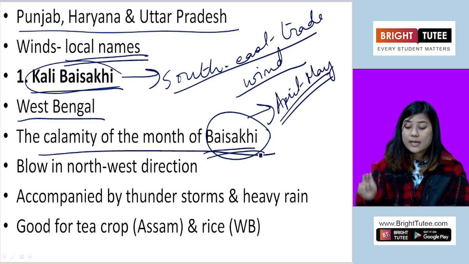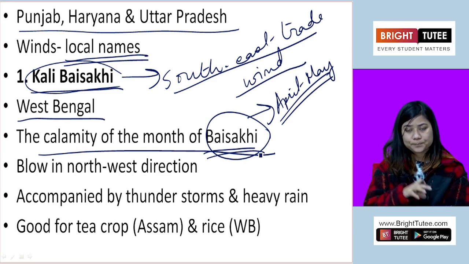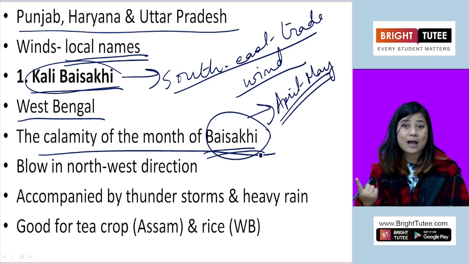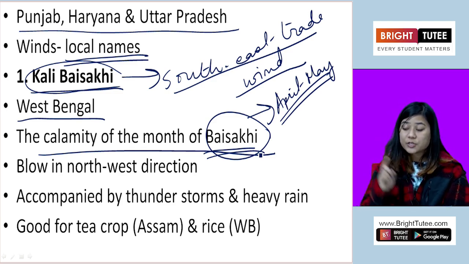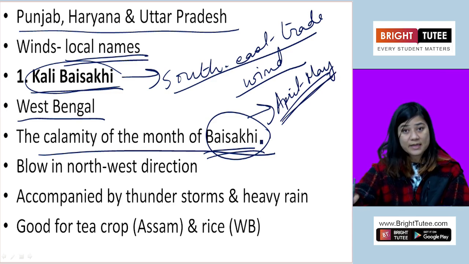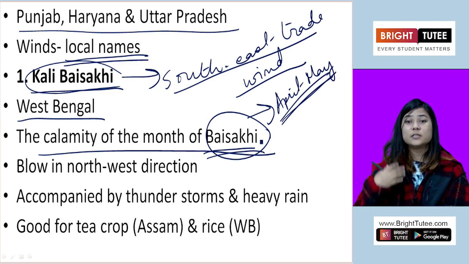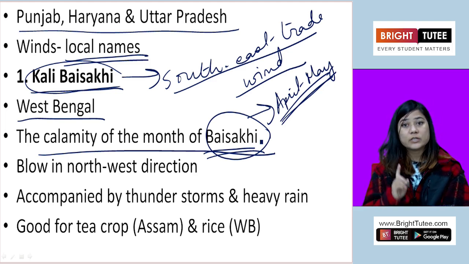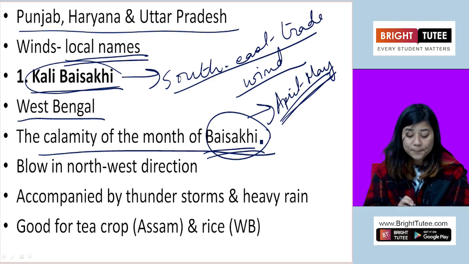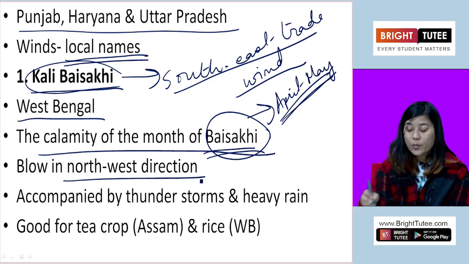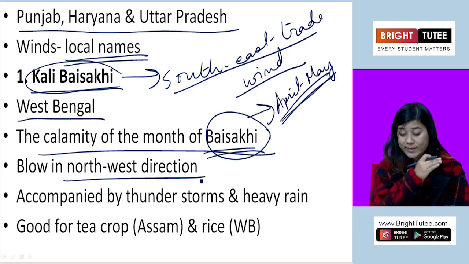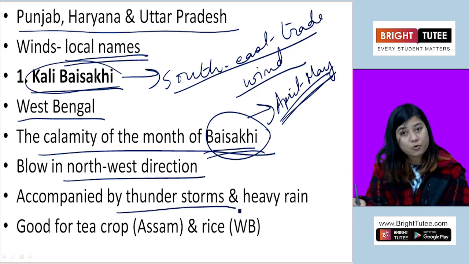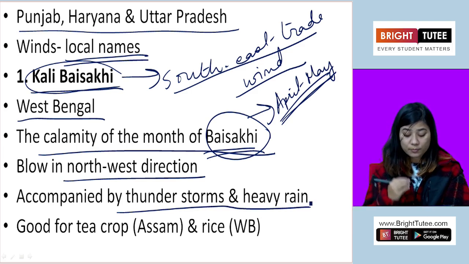So because this wind brings calamity, thunderstorms, showers and rain during April and May, the wind is called Kali Baisakhi, but not everywhere, only in West Bengal. It blows in a northwest direction, and this is accompanied by thunderstorms and heavy rain, as we all know by now.